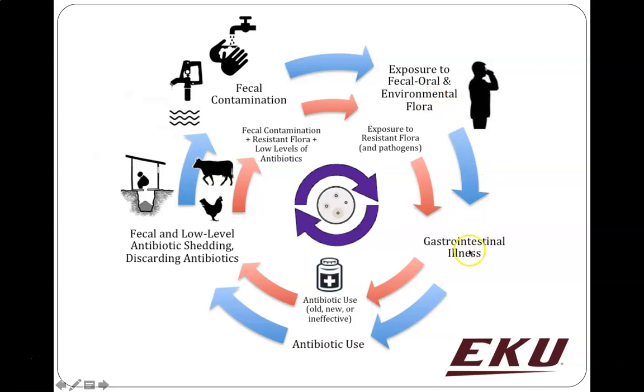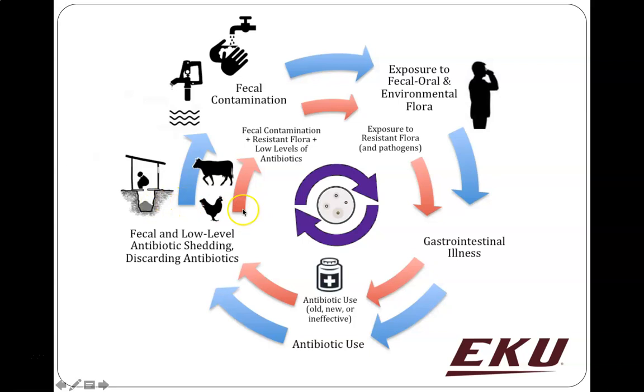And as people get sick with gastrointestinal illnesses like vomiting and diarrhea, there's an increased likelihood that they're going to be treated with antibiotics. As they are treated, they shed some of the antibiotics in their stool, and they may also discard unused antibiotics into their waste stream, and they may also shed antibiotic-resistant bacteria into their waste.